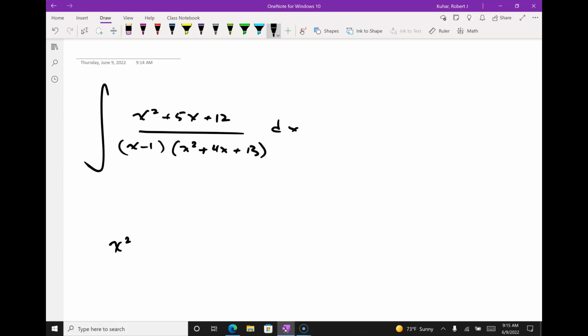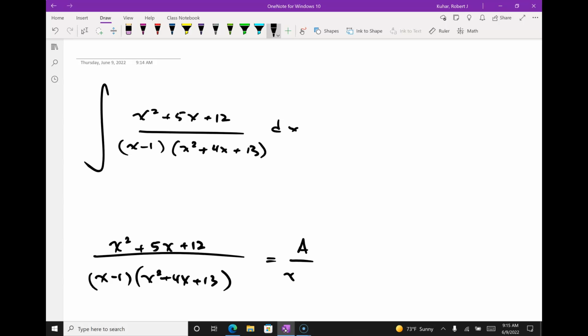So I'm creating this rational equation of A over my linear factor plus Bx plus C over my non-factorable quadratic factor.